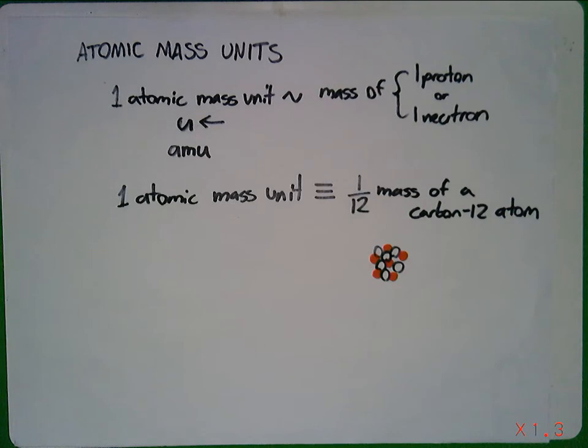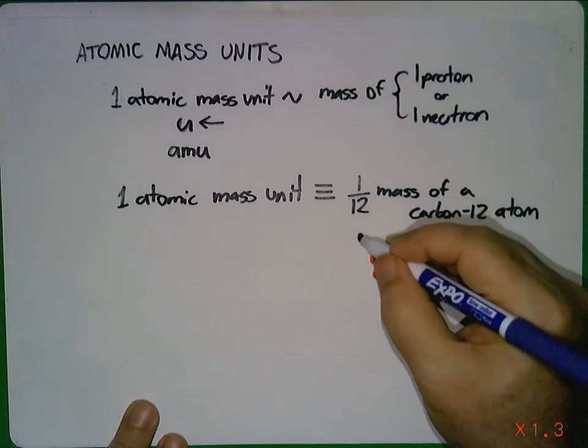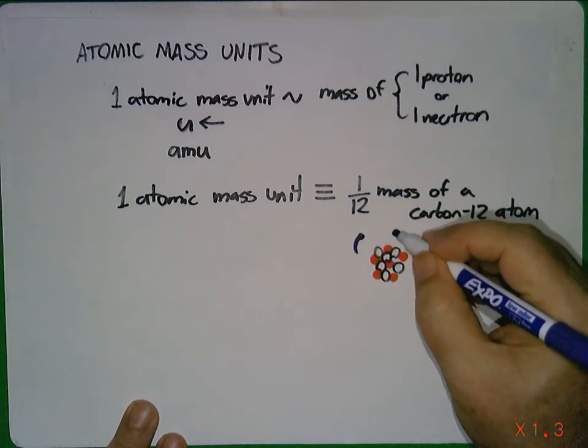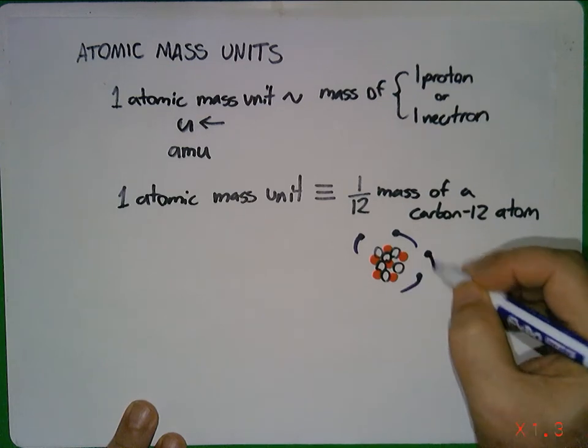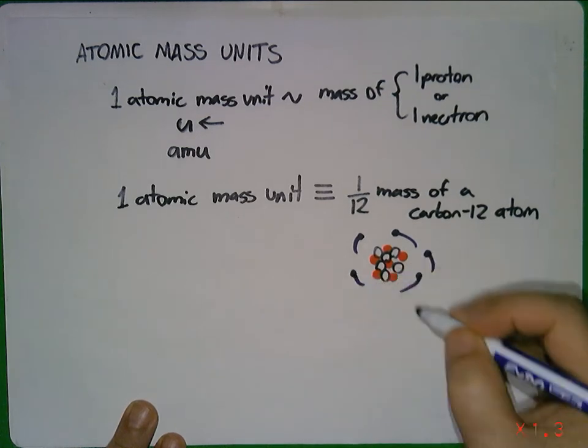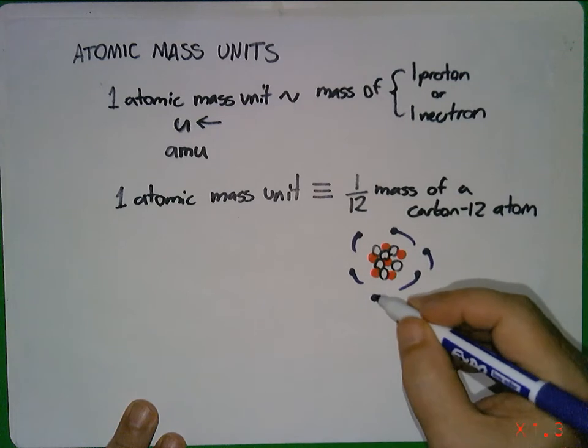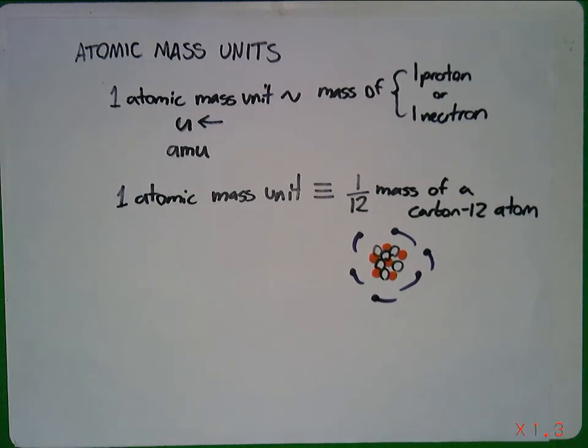How many electrons are there going to be? Well, you need an electron for every proton. Let's draw them like we did in the last lesson as little purple particles that are zipping around out here. These are the electrons. And there's got to be 6 of them if it's a neutral atom, and not an ion.